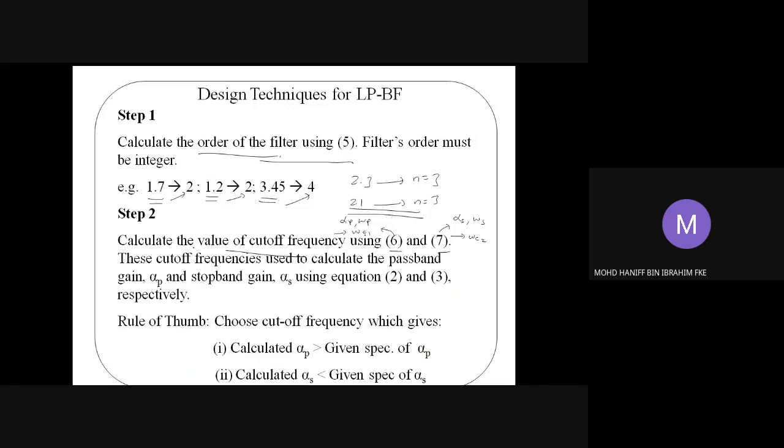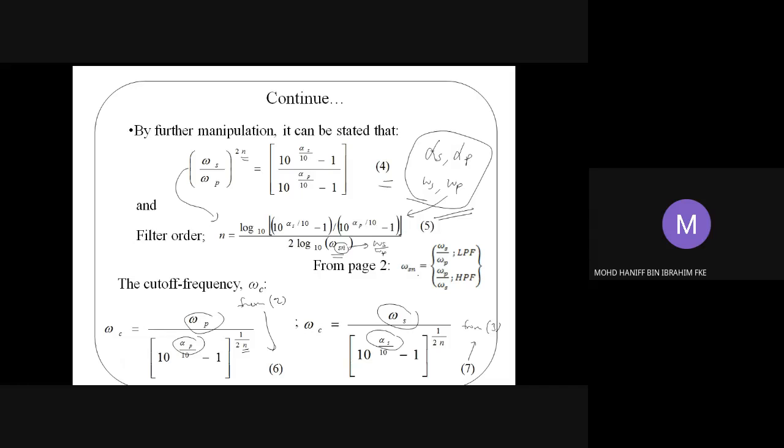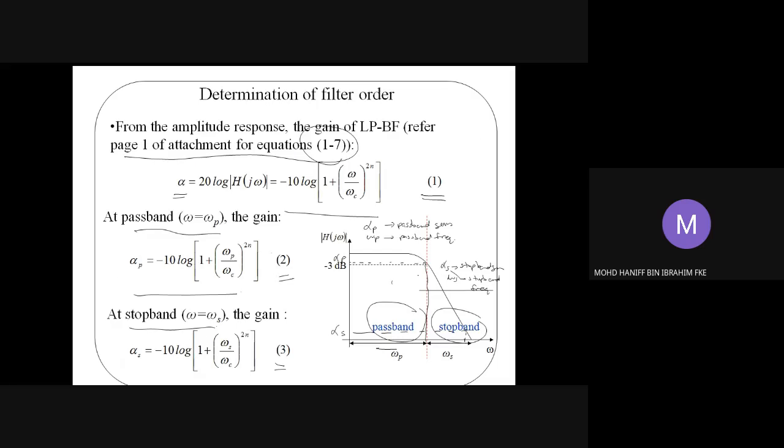Once you obtain this omega c1 and omega c2, you are going to use these cutoff frequency values to calculate the passband gain, alpha p, and the stop band gain, alpha s, using equation 2 and equation 3. If I refer back to the previous slide, this is equation 2 and equation 3. These are the equations used in calculating alpha p and alpha s.